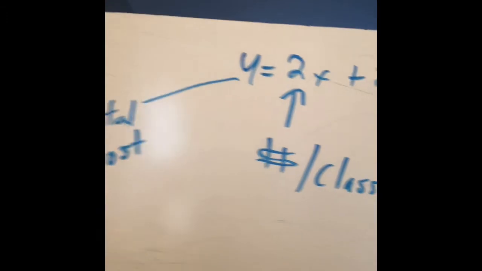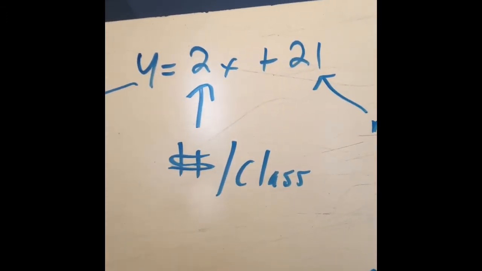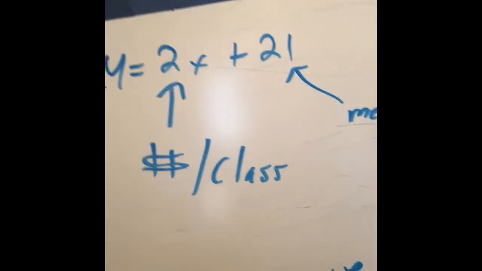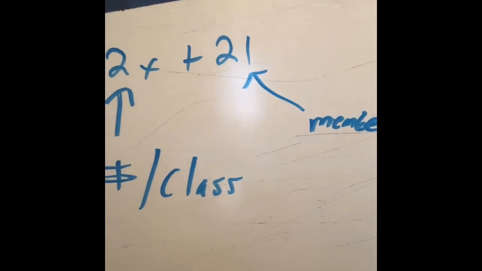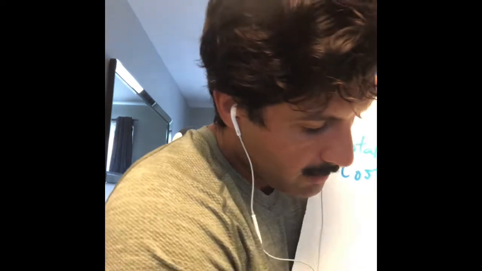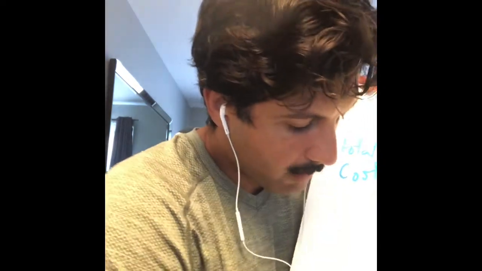So total cost is the Y, cost per class is the $2, and my membership fee is the $21. And that covers that question. Membership, the classes, total costs. That's the equation for it.